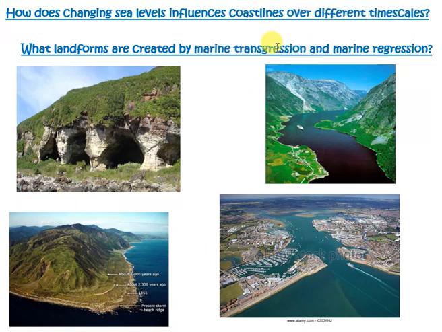And then think which type of sea level change has caused each one. So it can either be isostatic change or it can be eustatic change. Have a look at the landforms and the features and see what you come up with.